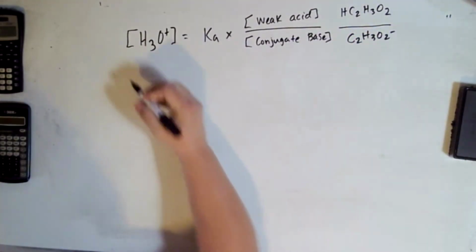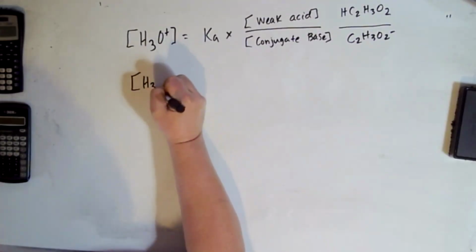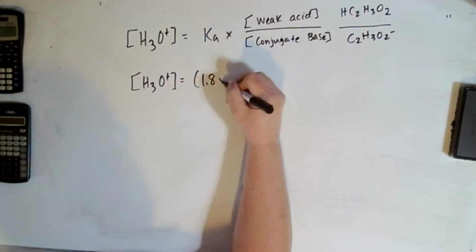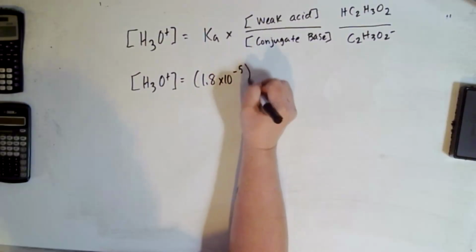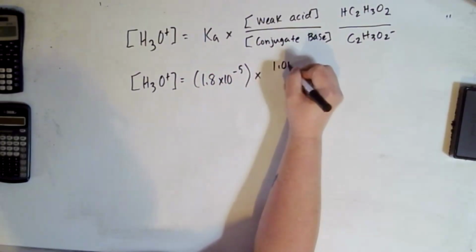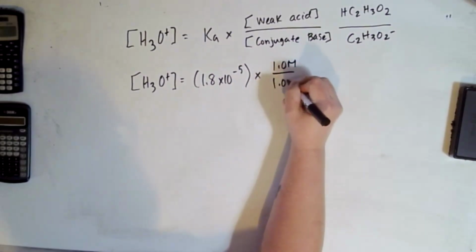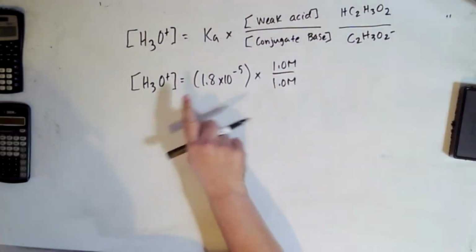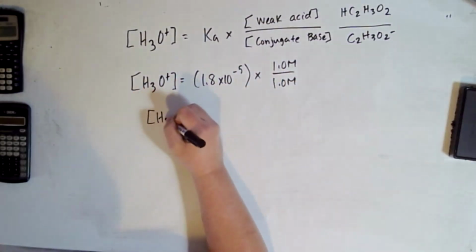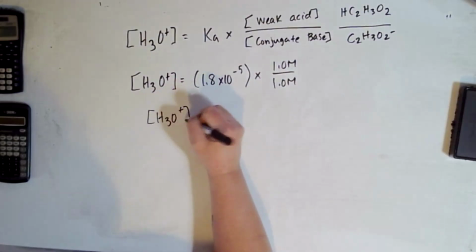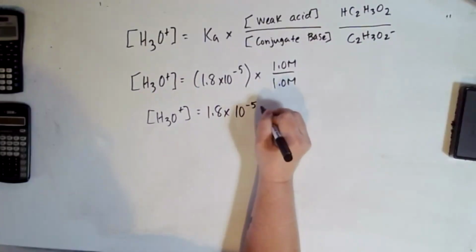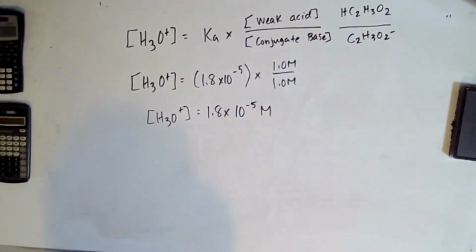All right. So to find our hydrogen ion concentration, it's going to be 1.8 times 10 to the negative 5 times 1.0 over 1.0, because both of them were 1 molar. So in this case, our hydrogen ion concentration is just going to be 1.8 times 10 to the negative 5 molar. That's not the pH though.